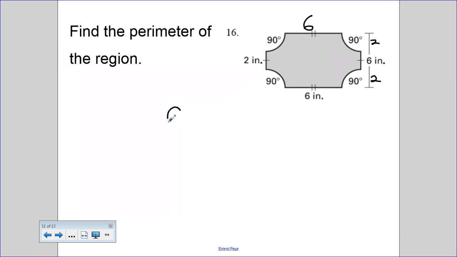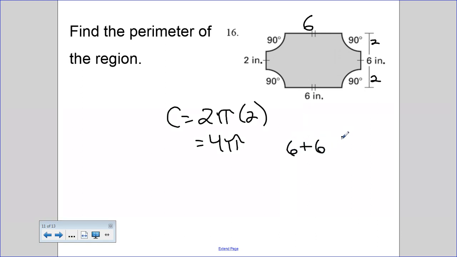Okay, so the circumference, 2 is my radius, right? So 2 pi times 2 is going to be 4 pi, and that'd be each piece. So that's the 4 together. Now the perimeter of the rest, so I'm going to do 6 plus 6 plus 2 plus 2, right?